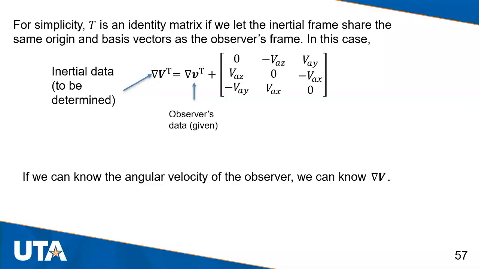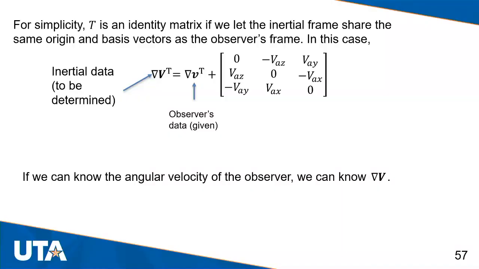The gap is the observer's angular velocity measured in the inertial frame, right? So if we can determine this angular velocity from the observer's data, then we solve the problem.